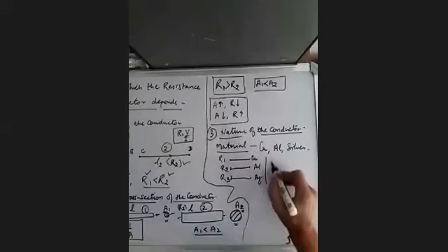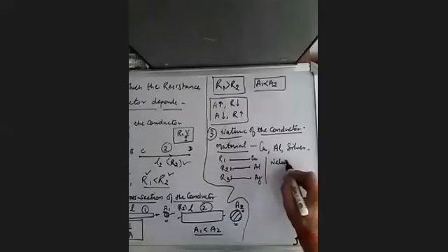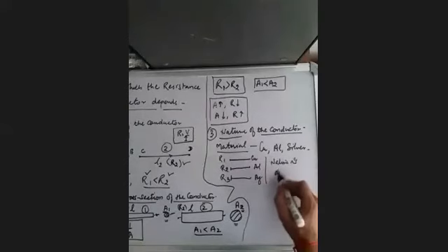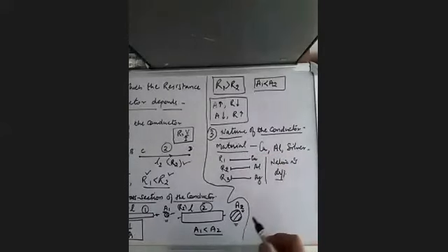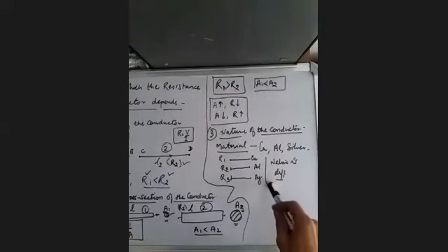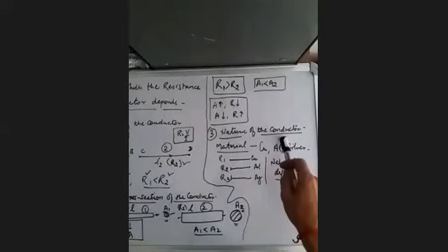Why? Because the nature is different, because their material is different. So depending on the nature of the material, the resistance of the conductor is different. So that is how resistance of the conductor depends on the nature of the conductor.